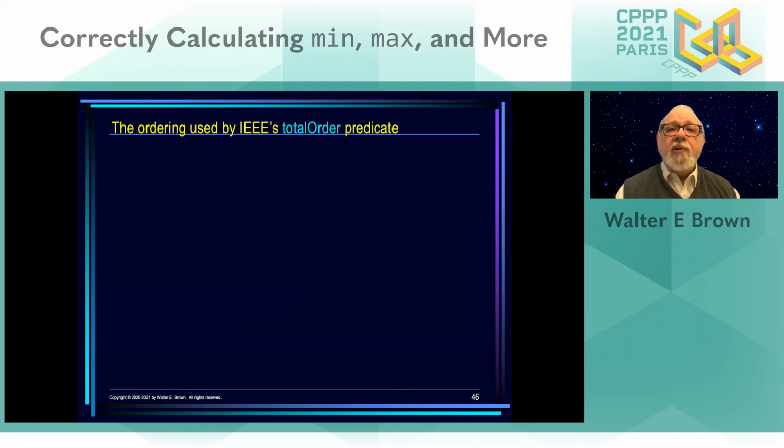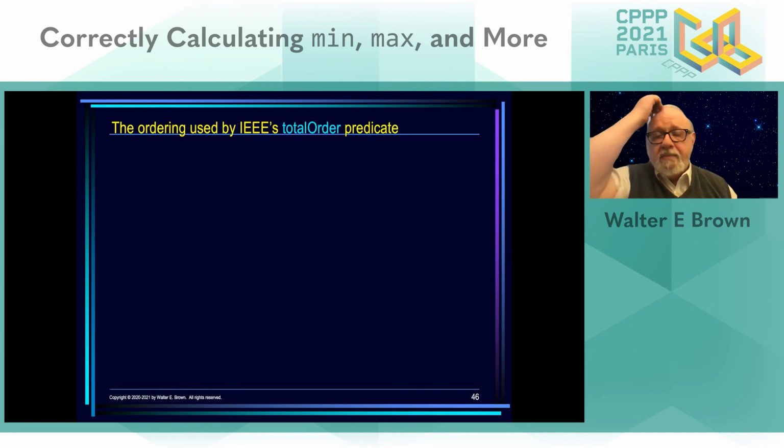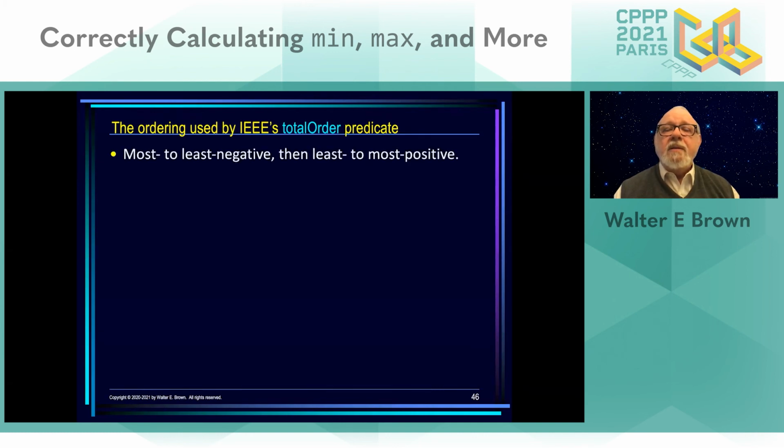That brings us to total order. Now, the total order predicate is based on bit patterns more than anything else. The big picture is that it requires the ordering be from most negative to least negative, followed by least positive to most positive.